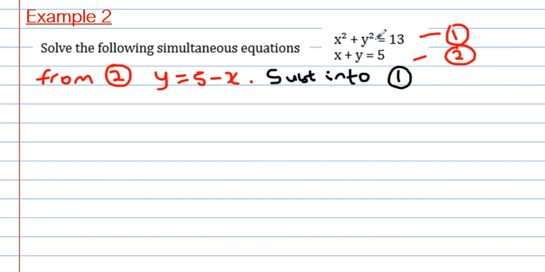Here's equation 1, which we have x squared plus y squared. But instead of y squared, I'm going to write 5 minus x, because that's our y now. So I'm going to have 5 minus x, squared, equals 13.